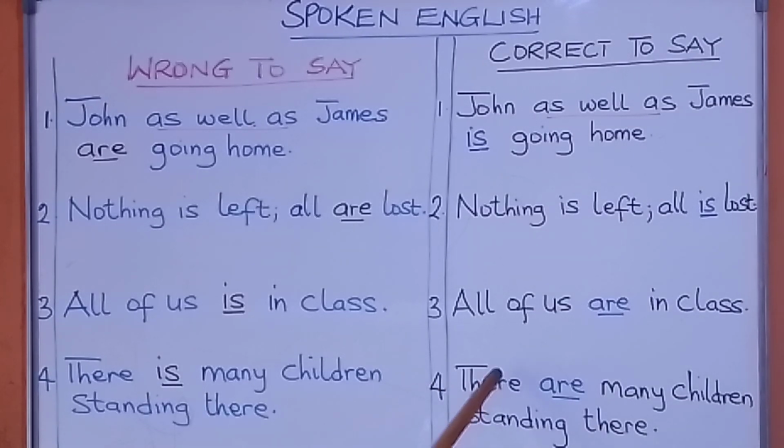When you say "there", and then preceded by a plural verb. How do we use that? "There is" changes to "there are" if the noun that follows it is in the plural form, in plural number.